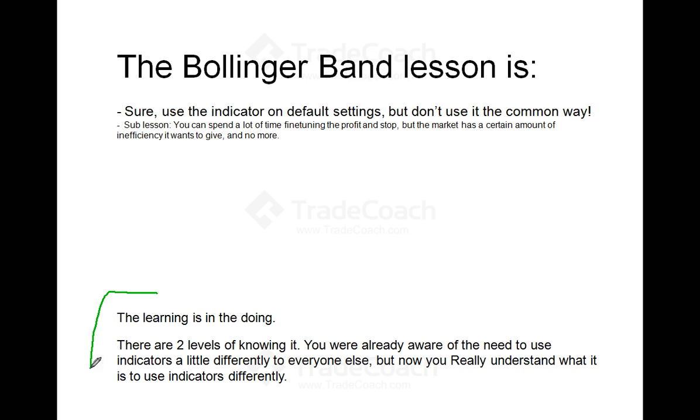Now I'll remind you again, there's 2 levels. The learning's in the doing, there's 2 levels of knowing it. I'm going to keep driving this point home. Everyone was completely aware of the need to use indicators a little differently to everyone else. Everyone was aware of that. I didn't see anyone take the Bollingers and just, on default settings, explore the standard ways of doing it and then think of a completely wacky way of using it, to its advantage and taking advantage of its strongest points.